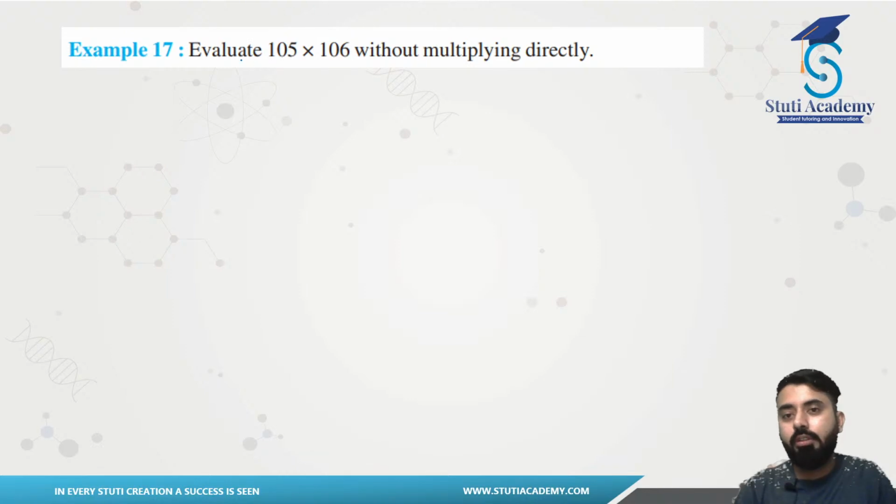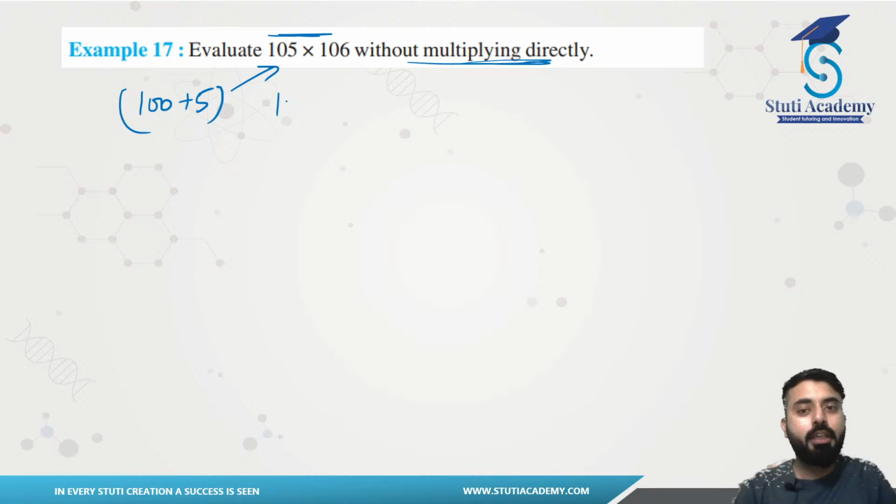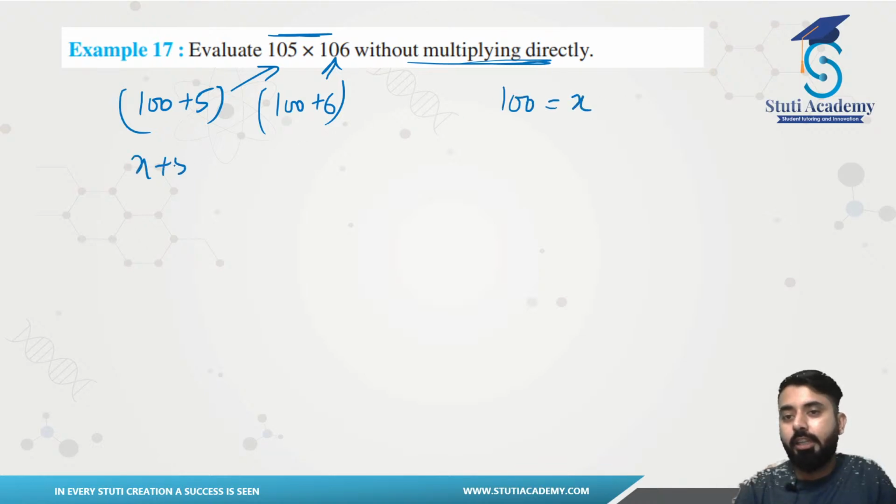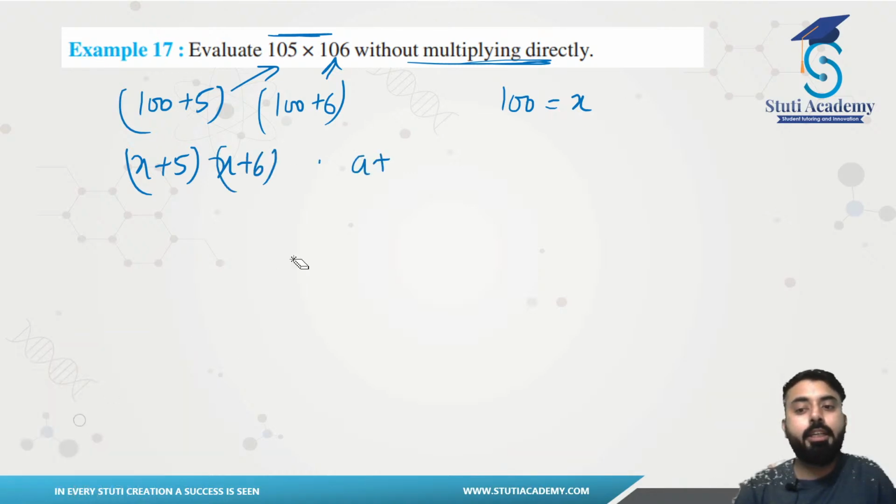So we have this one. Evaluate these without multiplying directly. We don't have to multiply them directly. So can I write it like this? 100 plus 5 for 105 and 100 plus 6 for 106. If you put 100 to be x, you have (x plus 5) and (x plus 6). This is like (x plus a) into (x plus b), of that identity.